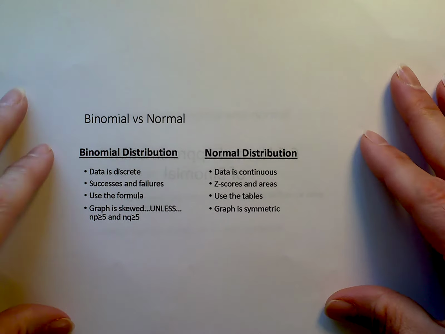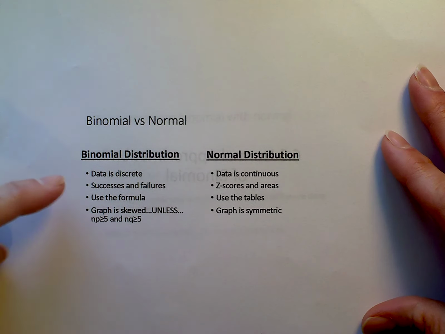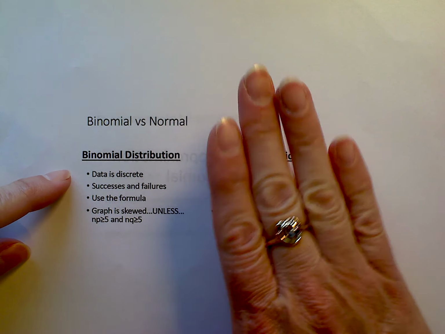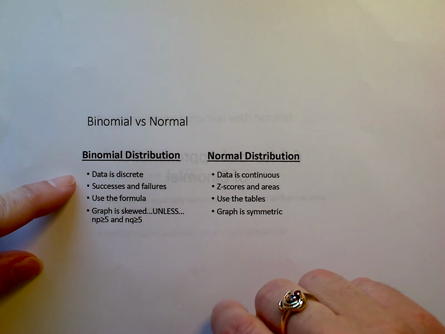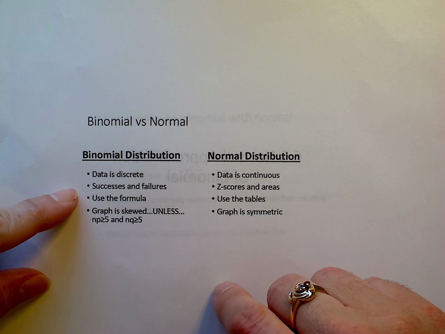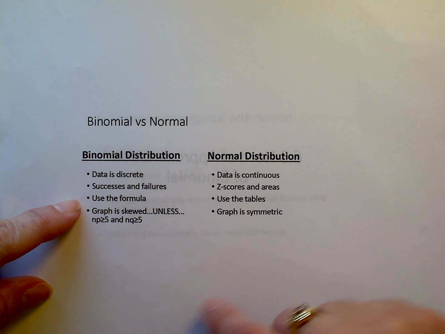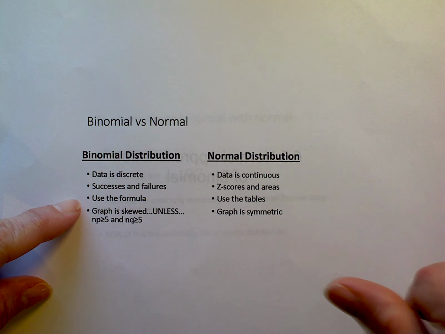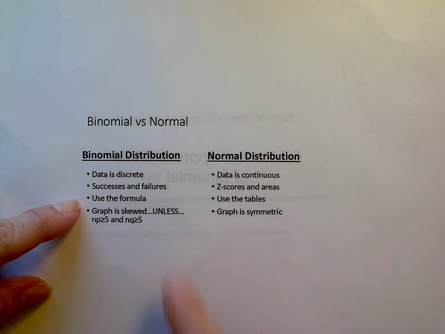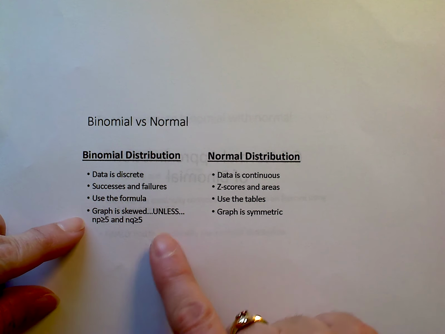So I want to compare and contrast the two. Like I said, in a binomial, the data is discrete. We had successes and failures, and we used that formula, the n choose x, p to the x, q to the n minus x. And the graph was usually skewed.